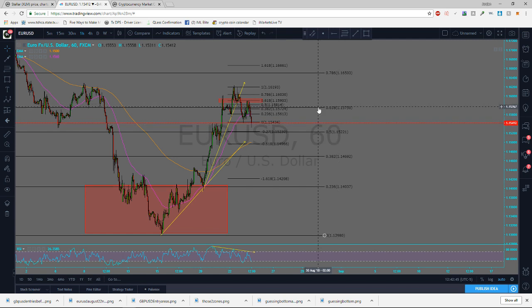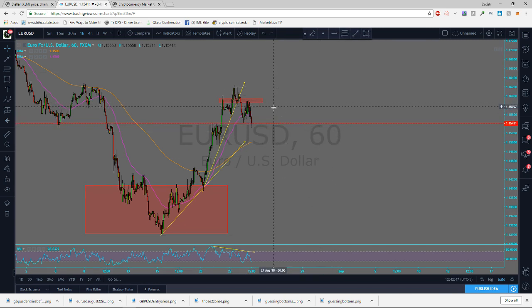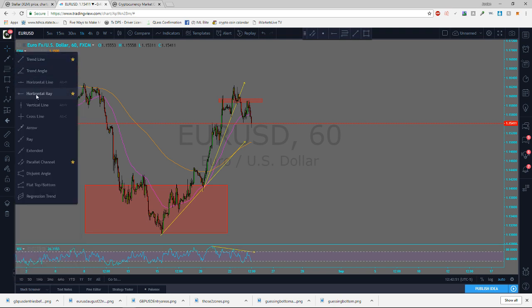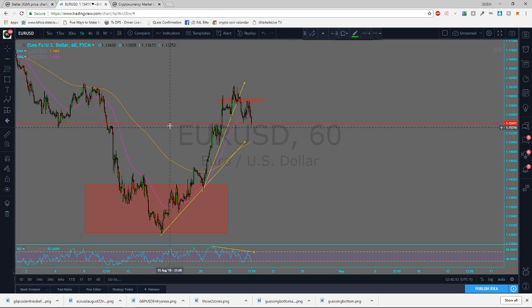Same way. How do you identify take profit areas? Well, structure here. Structure here. Big structure here. Gap here.